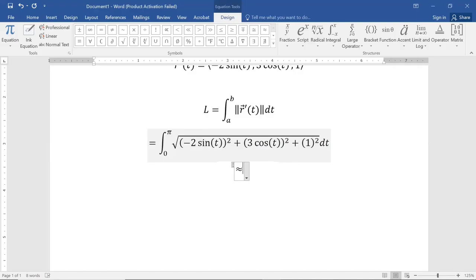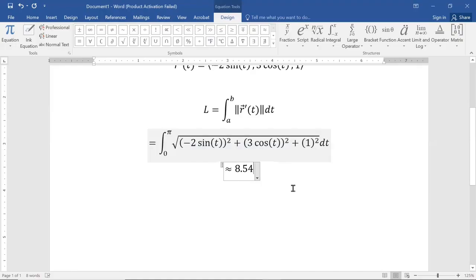I got approximately 8.54. That is rounding to 2 decimal places. Hopefully I typed that in right. I think I did. And hopefully you can also type that in.